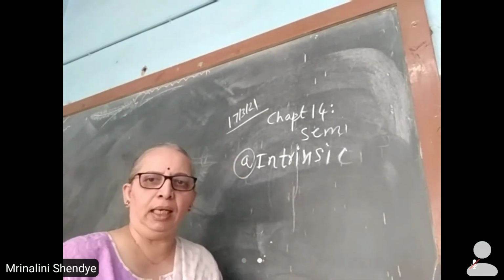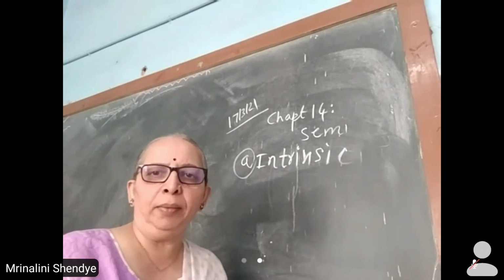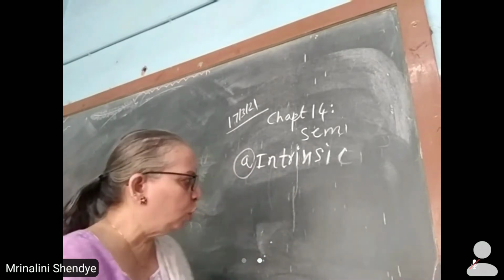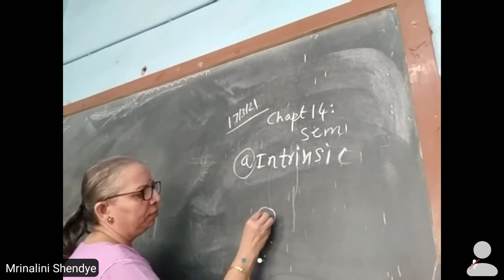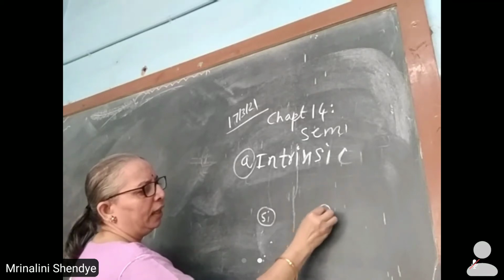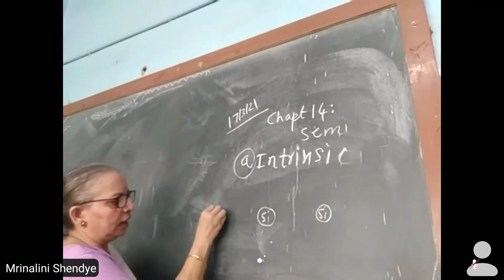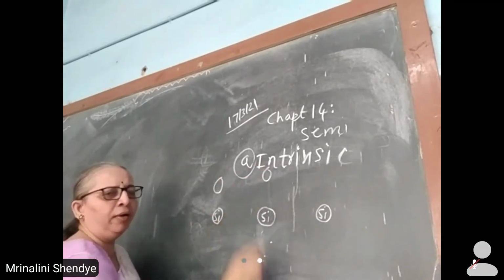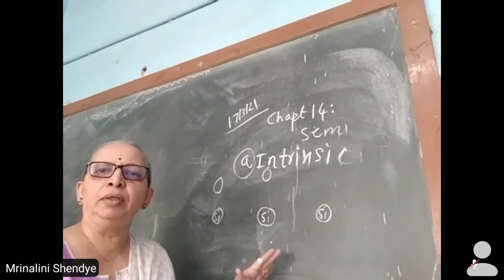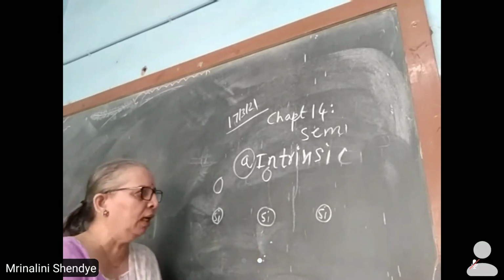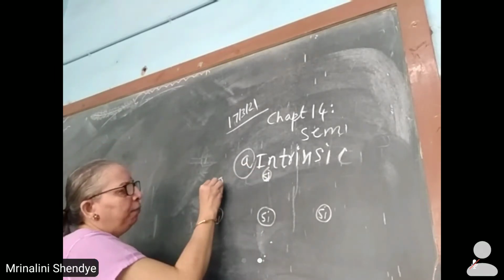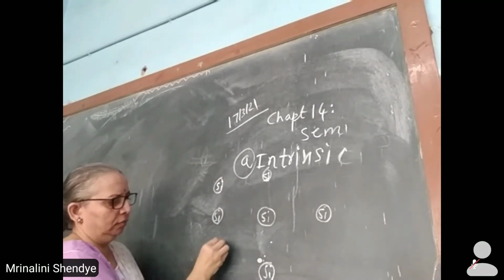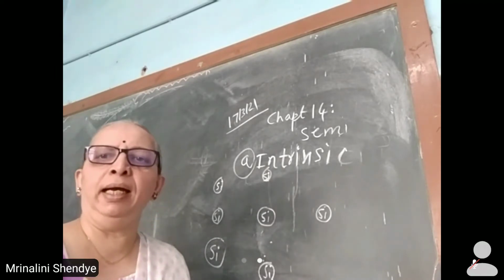In the crystal, the distribution of atoms is periodic and arranged regularly. So if this is one silicon atom, this is a second silicon atom, equidistant, this is a third silicon atom, upside, downside, everywhere we get their arrangement in the crystal regular and periodic. So what happens here?